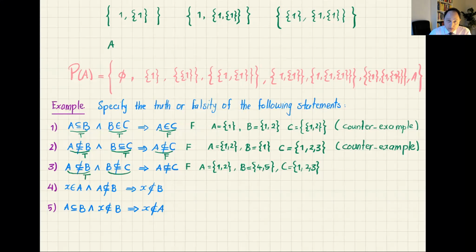B is not a subset of C, that's also true. And then A is not a subset of C is false, because A is indeed a subset of C. Whatever is inside A is also in C. So this is false, and it is also a counterexample.